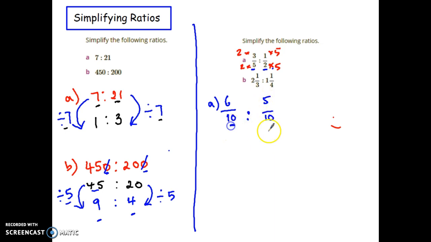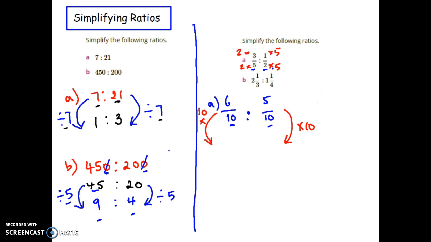I've still got a fraction that still looks a bit nasty. What I'm going to do now to get rid of that fraction is I'm going to multiply both sides of my ratio by that denominator. Multiply both sides by the 10, and let's have a look and see what happens. I'll just do a quick little bit of working over here.